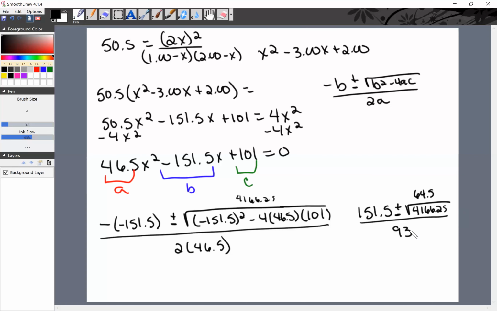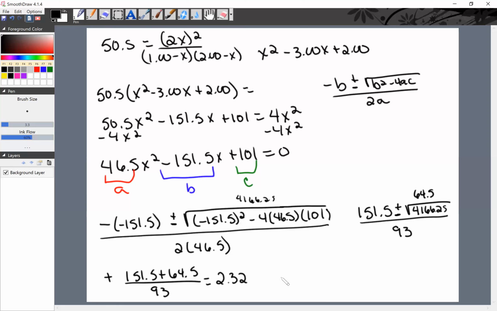Okay, now I'm going to do the plus variation and the minus variation. So for the plus, it is going to be 151.5 plus 64.5, all divided by 93. That is going to leave me 2.3, and let's just keep 3 sig figs, 2.32.